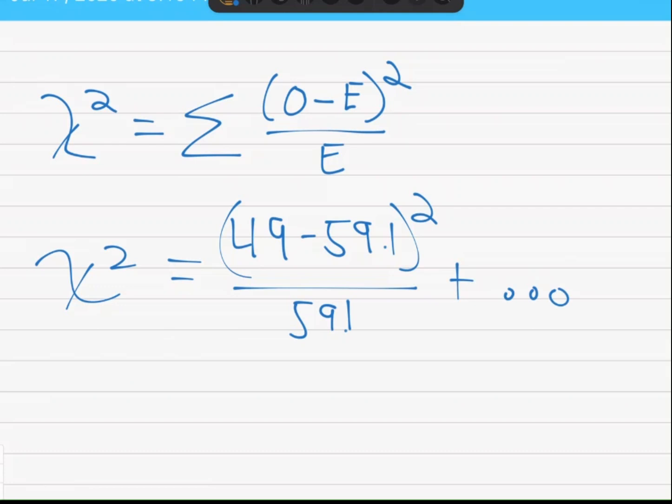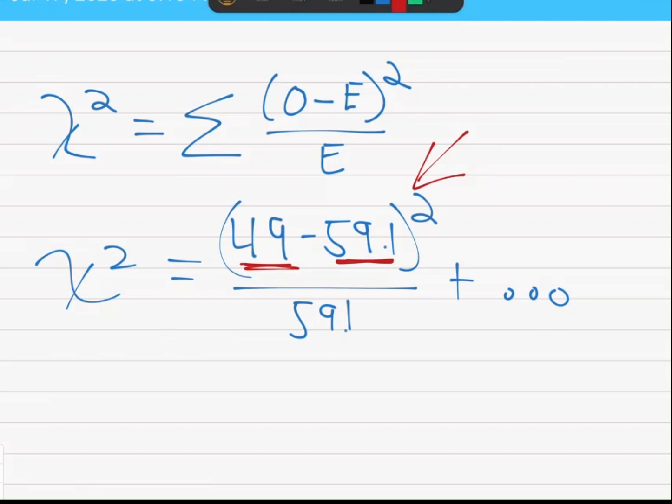But let's think about this term. The bigger the chi-squared term is, the less likely the null hypothesis is to be true. Let me see if I can demonstrate that. When is this term big? This term is big when the data we actually observe, which is 49, is far away from what's expected.